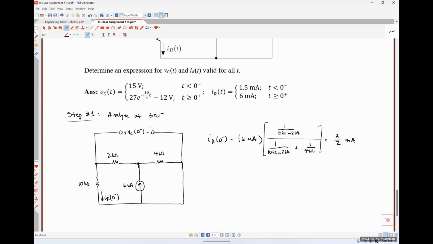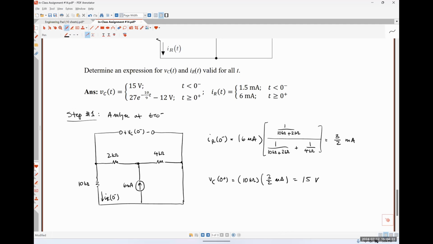I have been doing it a much more difficult way than I needed to for the past 4 years. So thank you for your suggestion. Baylor a moment ago said that VC at 0 minus should just be 10 kilo ohms times IR at 0 minus, which was 3/2 of a milliamp, which comes out to be 15 volts.